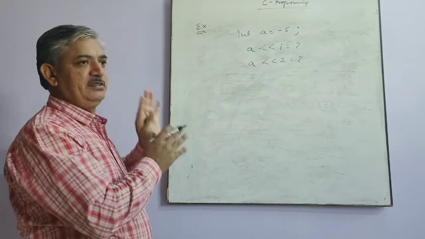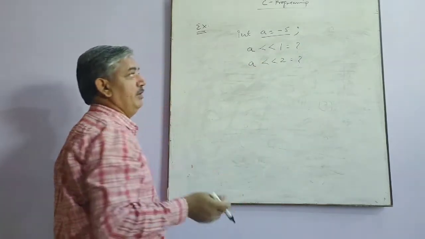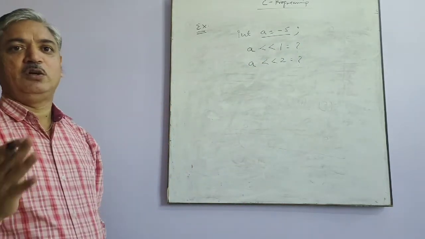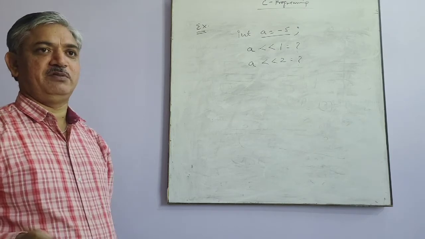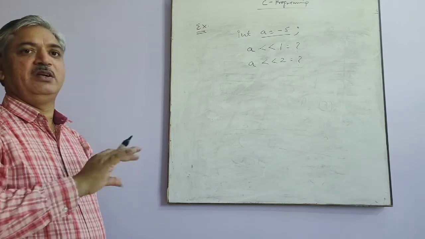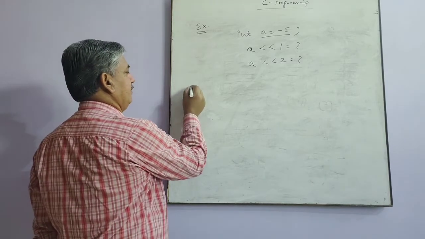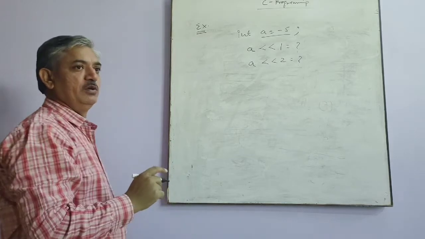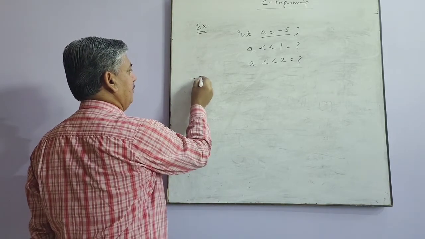The method is the same. First convert this A, for negative numbers we use 2s complement representation. So A is -5. Represent this -5 in 2s complement representation. How to convert this -5 into 2s complement representation?